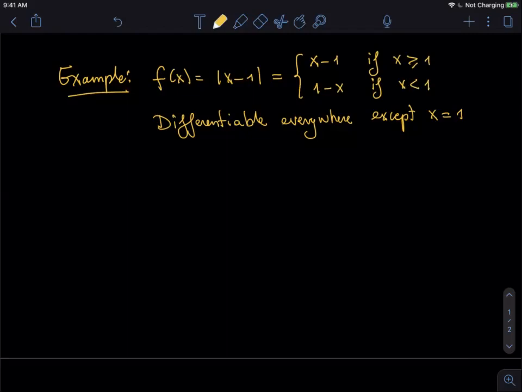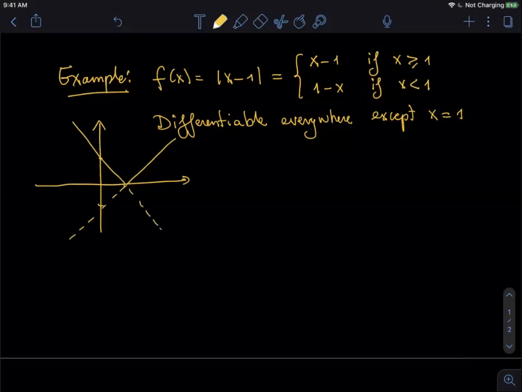Now it's defined piecewise. We can plot it. Let's plot it here. So we have the function x minus 1 that crosses here, and then we have the function 1 minus x that goes like this.